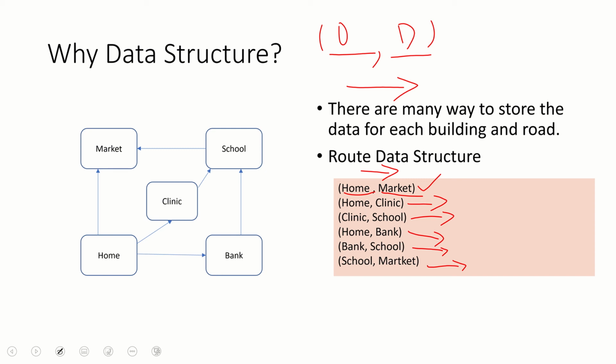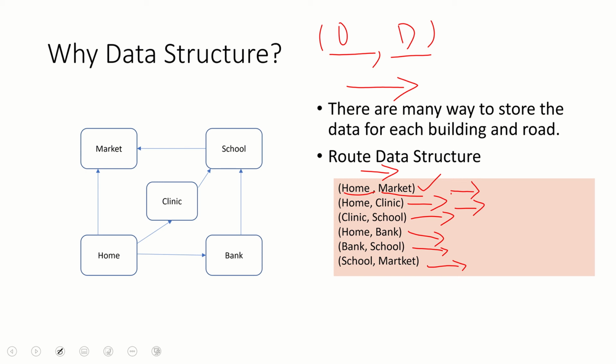Okay, so in this data structure, it tells us the direction, whether it is one way or two way, whether we can go from home to the market, whether we can go from home to a clinic. But there's some problem. If we want to track how many routes we can go, if you want to know how many places you can visit from home, how can you do it in this data structure? We have to count.